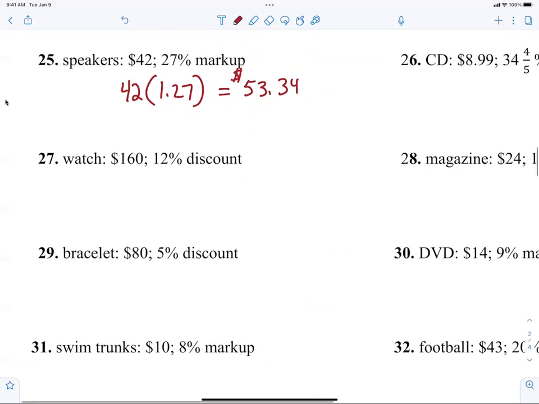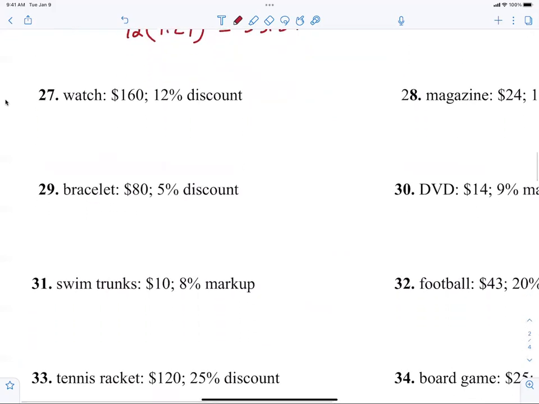Okay, Miss Clifton, so what you do is 160 times 1.12. Is it a markup or a discount? Discount, so you minus. Right. 1.12. No, 100 minus 0.12. Because remember, 160 represents 100% and you're taking away 12%.